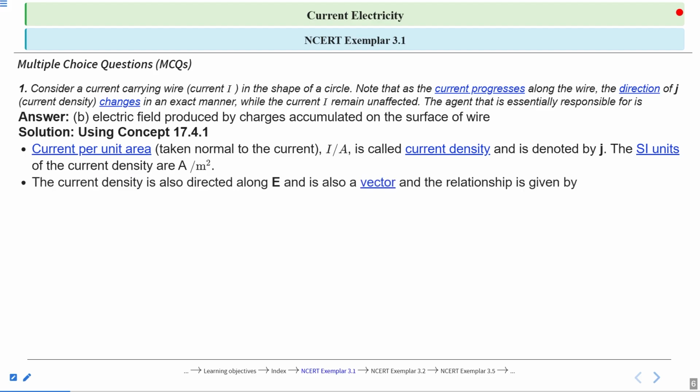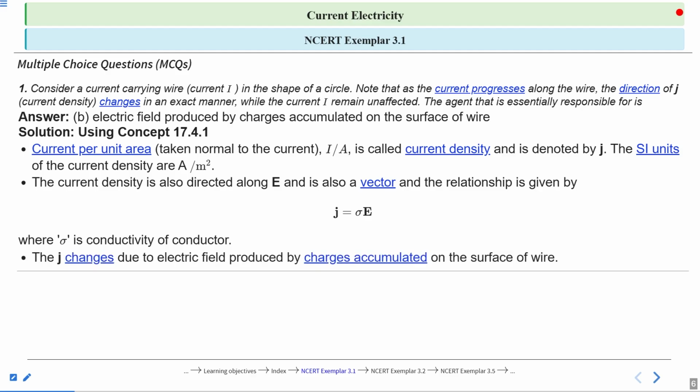Current density is also directed along E, the electric field vector, which is also a vector, and the relationship is given by J is equal to sigma E, where sigma is the conductivity of the conductor. That is also a relation according to Ohm's law. That is the vector form of Ohm's law.